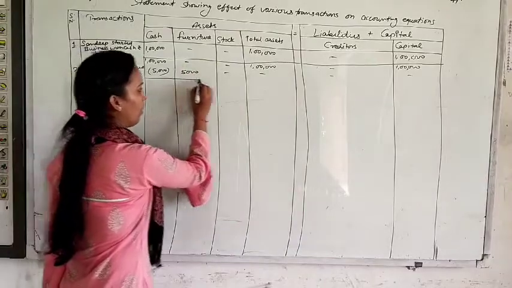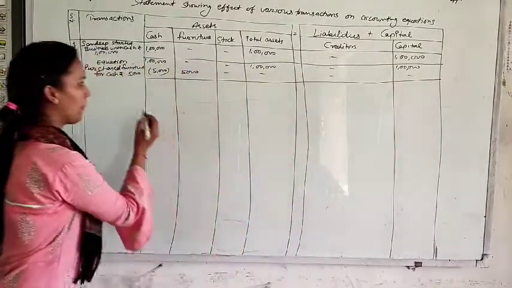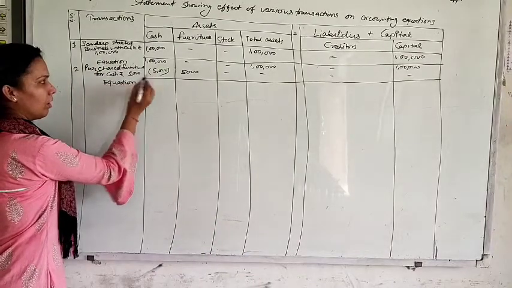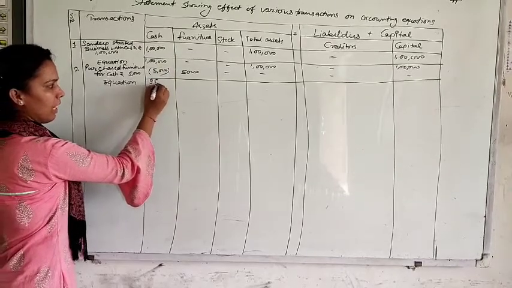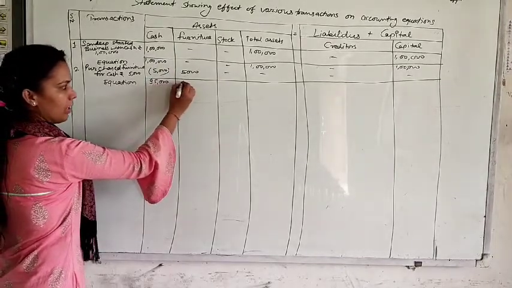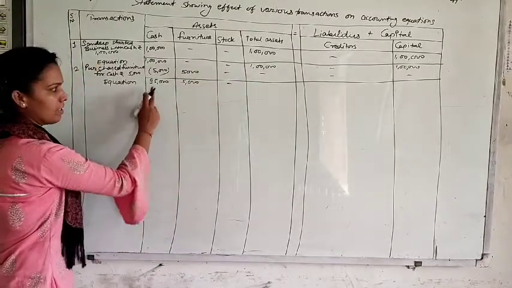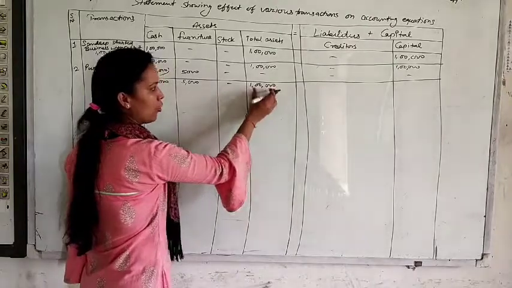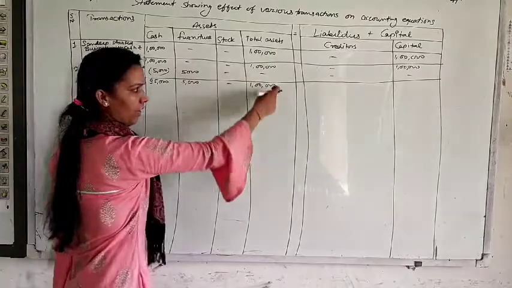Now the same point, match the equation. One lakh minus 5,000 means 95,000. This is 5,000. No amount for stock. Total assets 95 plus 5, 1 lakh. You should match the column of total assets horizontally and vertically both.